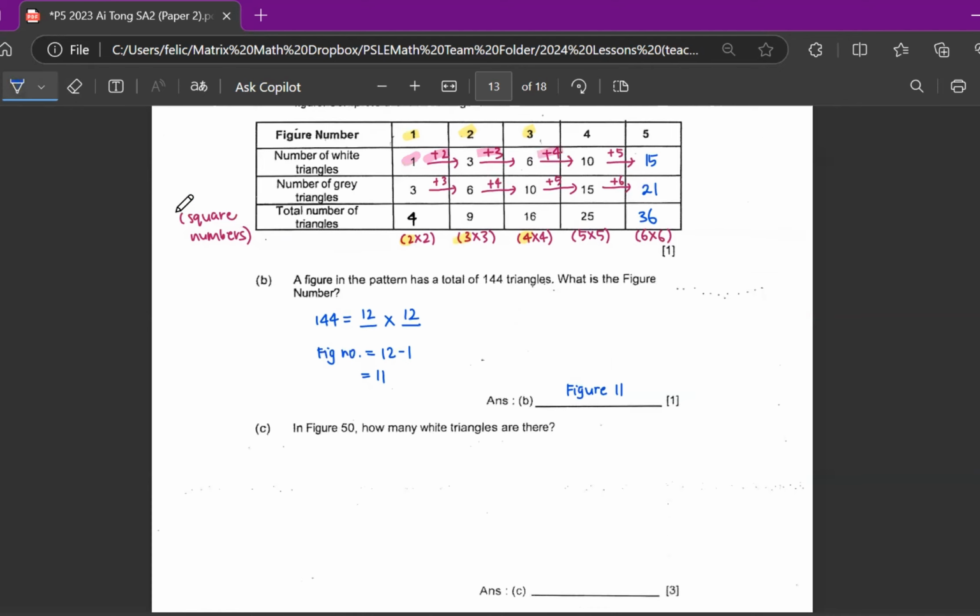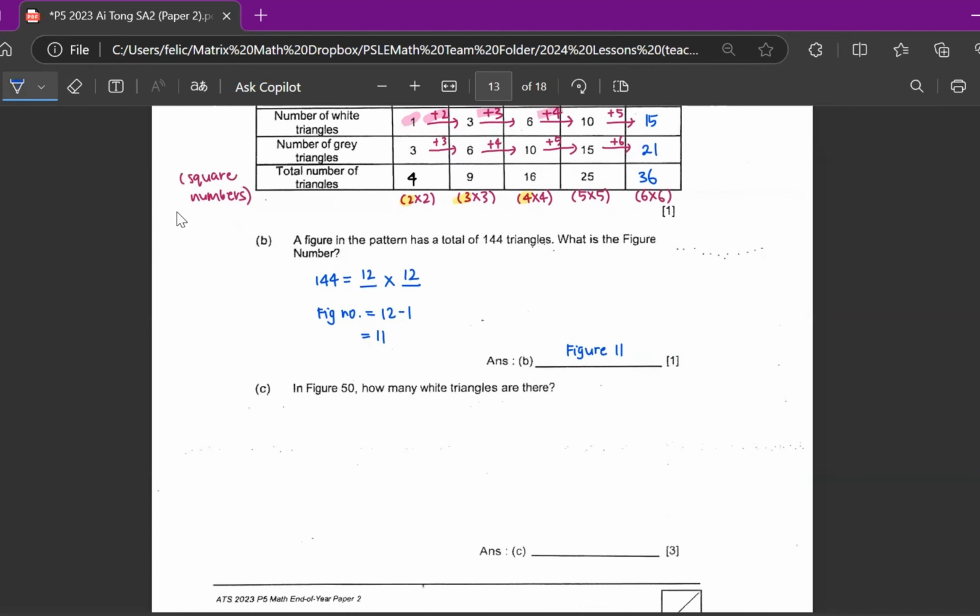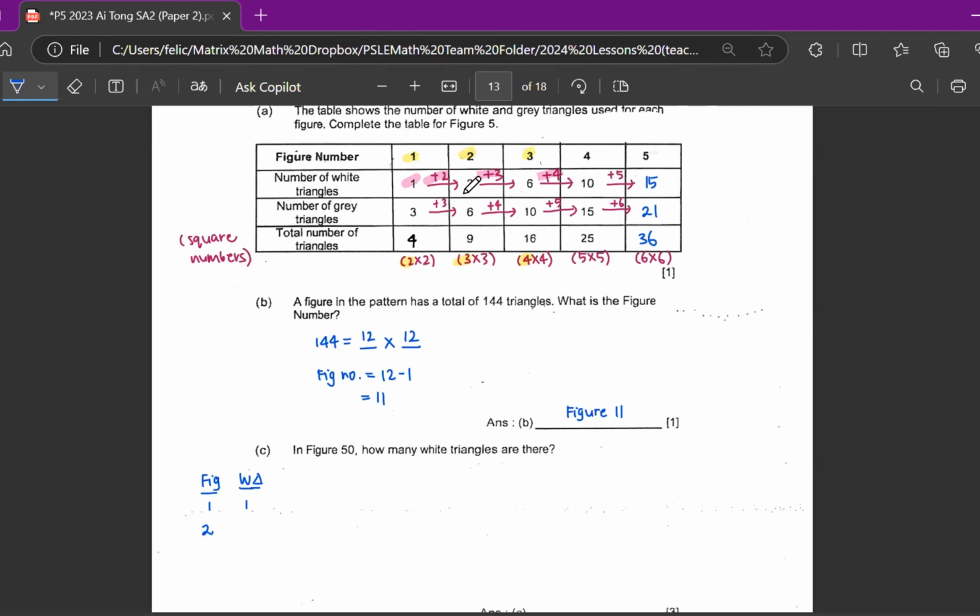Maybe I'll just write down, I have space, a quick one at the side here. Figure 1, white triangles. Figure 1 is just one white triangle. Figure 2, I wouldn't put 3.